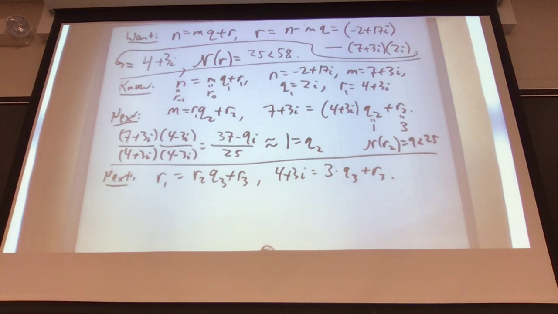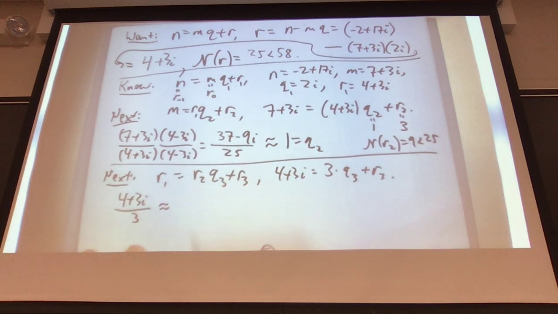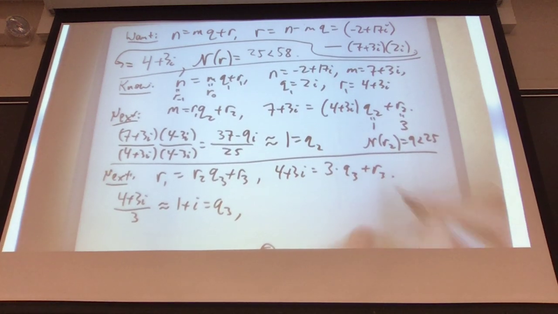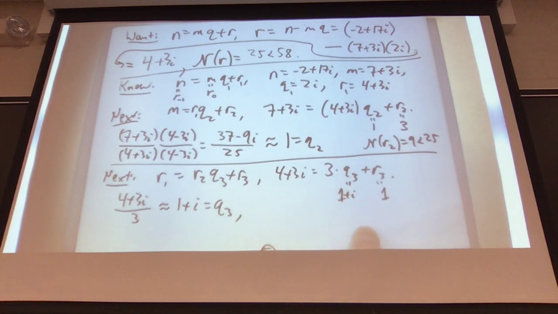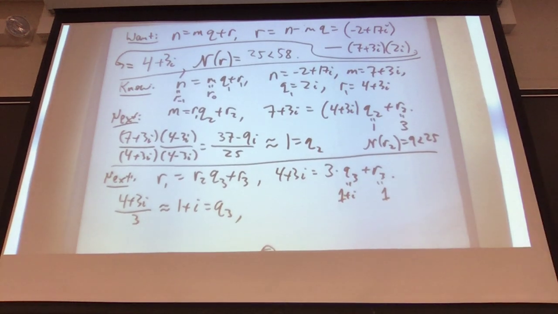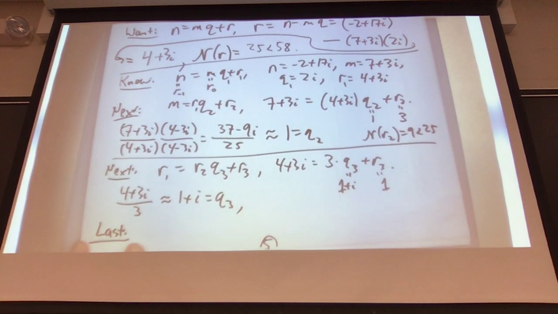So what's Q3? Is it 1 plus 1i? And 1 plus 1i times 3 is 3 plus 3i, so R3 is equal to 1. Once you get 1, it's pretty easy. The last step, you get 0.